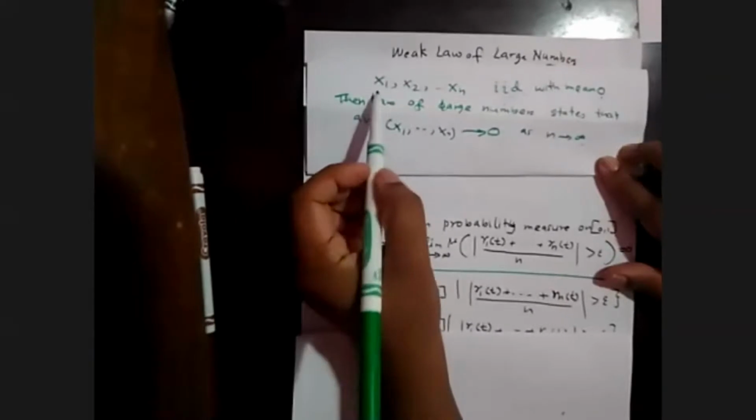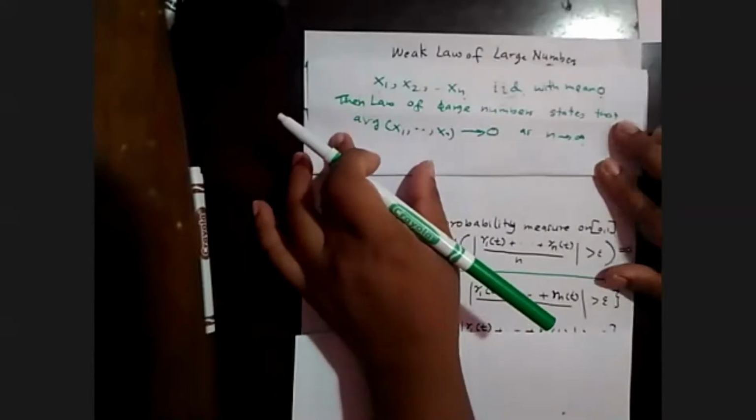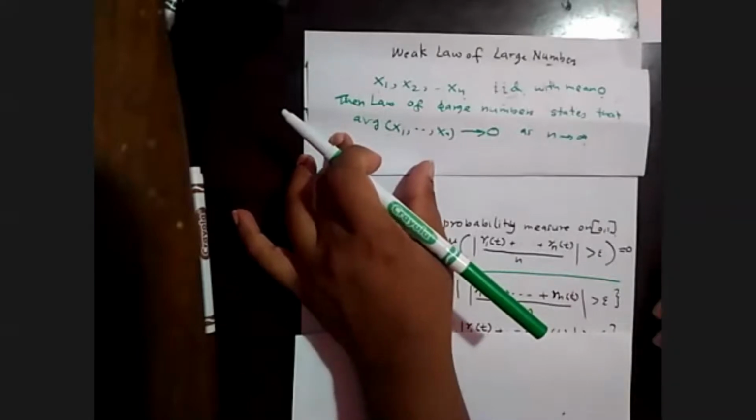Suppose we have x1, x2, up to xn random variables which are independent and identically distributed with mean 0. Then the law of large numbers says that the average of these n random variables tends to 0 as n tends to infinity.